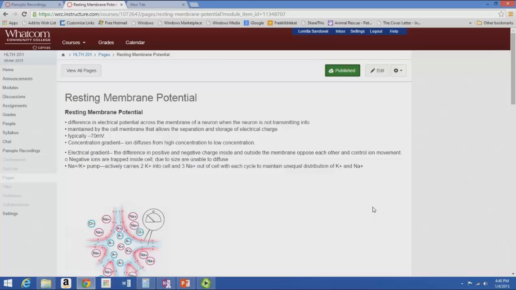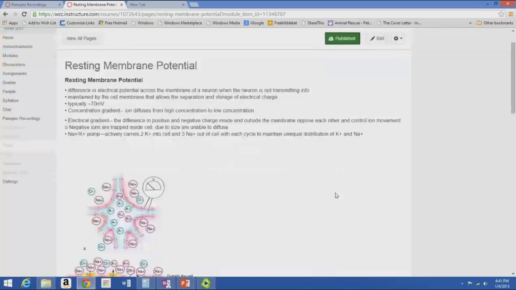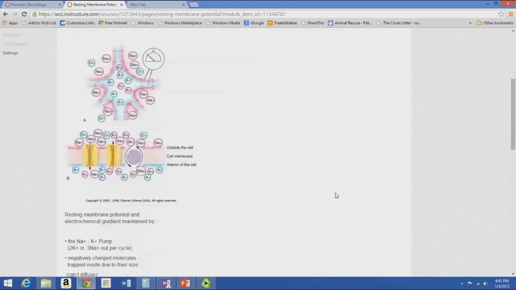It actively carries 2 potassium and 3 sodium out of the cell with each cycle. It uses 1 molecule of ATP. So it maintains that unequal distribution of potassium and sodium, more sodium outside the cell, more potassium inside the cell, and that's what creates that electrochemical gradient. And that is setting you up for being able to move charge across the membrane once it opens up.